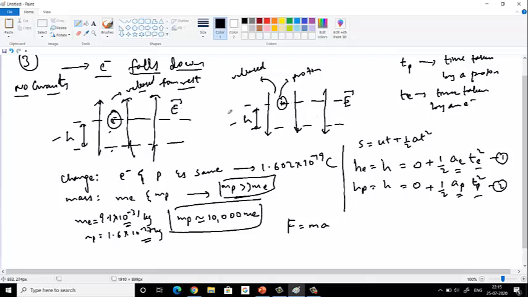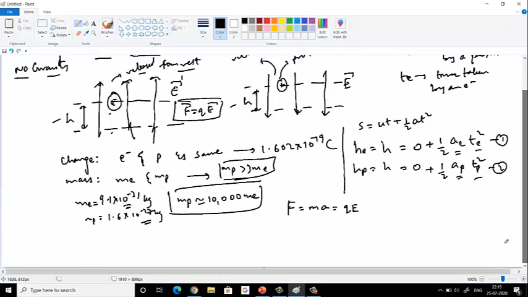So how do you find force when only the electric field is given? Force is equal to Q into E. This you should know: force is equal to charge into electric field. F is equal to mass into acceleration, but in this case specifically it is charge Q, I'm just representing charge with the letter Q, into electric field.